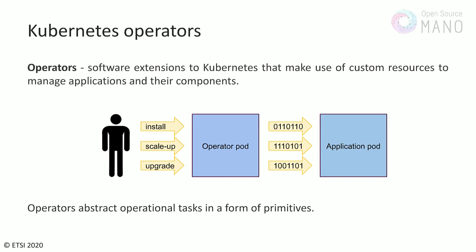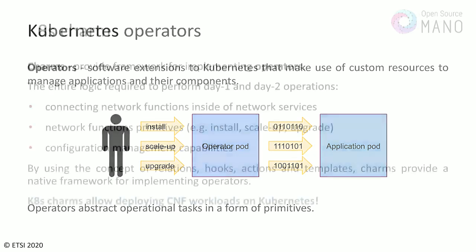And operators take care of the rest, take care of executing the actual set of instructions on the application software. So operators abstract operational complexity, but they do not define how to implement the actual operator software.